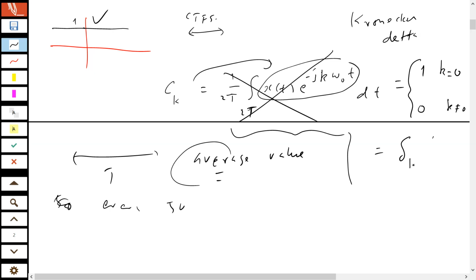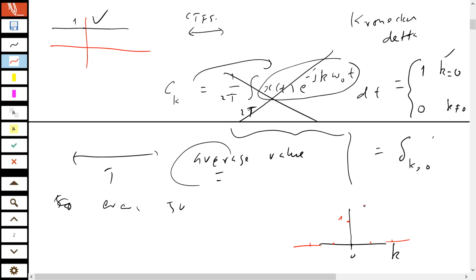You write it here, delta k, right? And some people write k comma 0 because it's at 0. And if you want to plot it, it will be like this. K at 0 has a value of 1, and everywhere else it is 0, right?